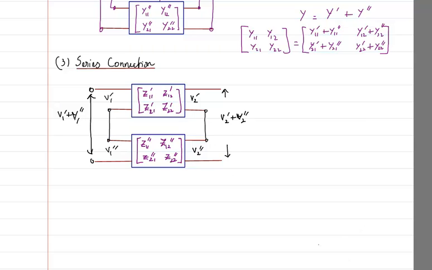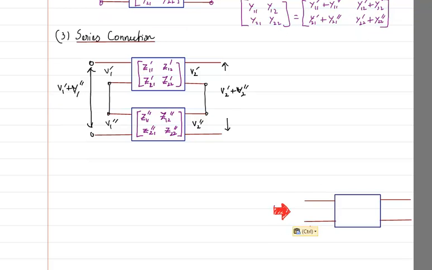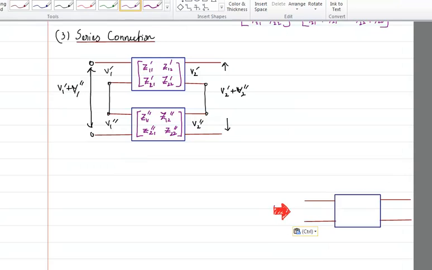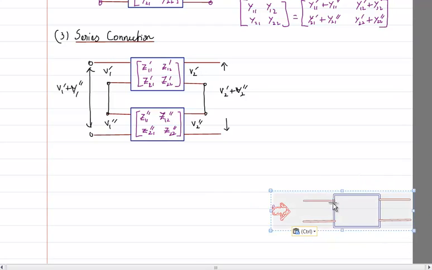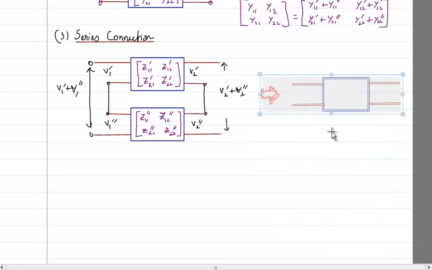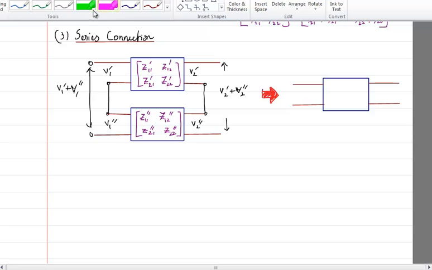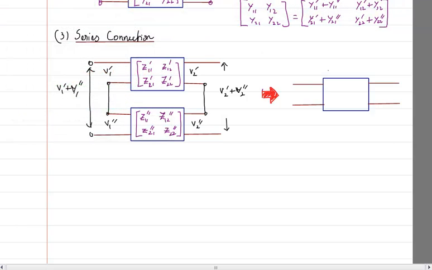Then I can find out the z parameter. Let me write the z parameter. The z parameter here, suppose it is z11, z12, z21 and z22, that is the net z parameter, which I will call just z.